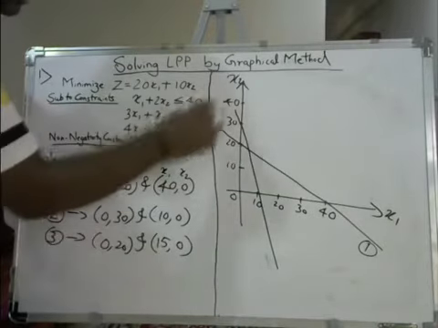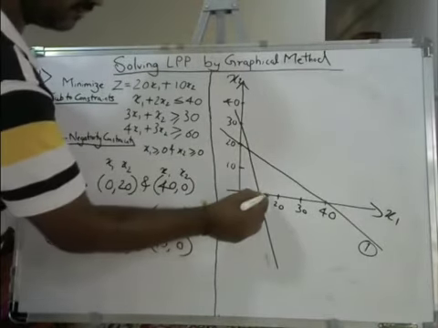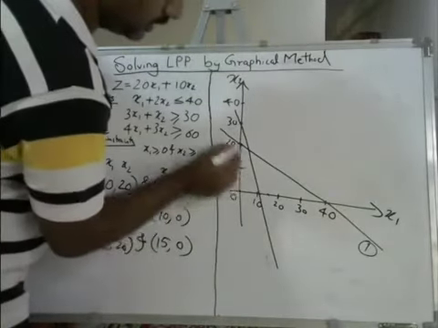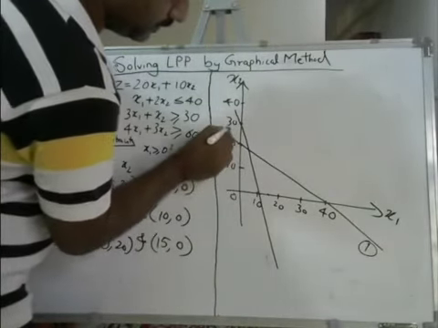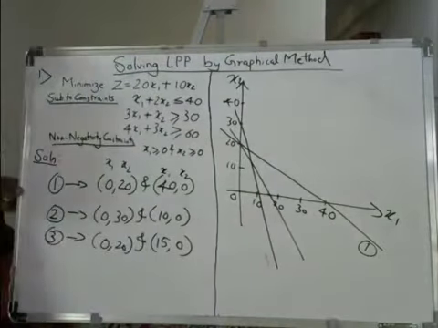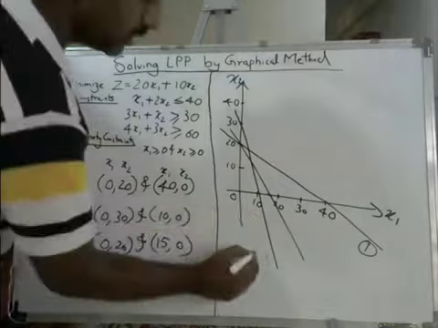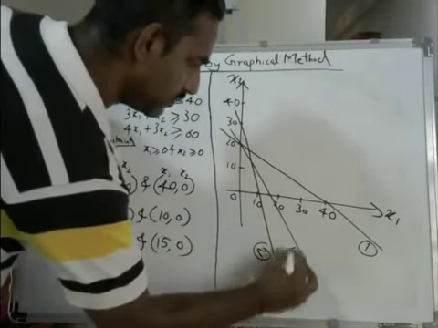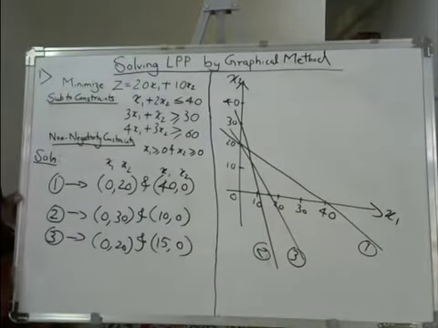When x2 is 0, x1 is 15. So, 20 to 15, we need to draw a line like this. Okay? So, these are the lines. This is for the second equation and this is for the third equation.